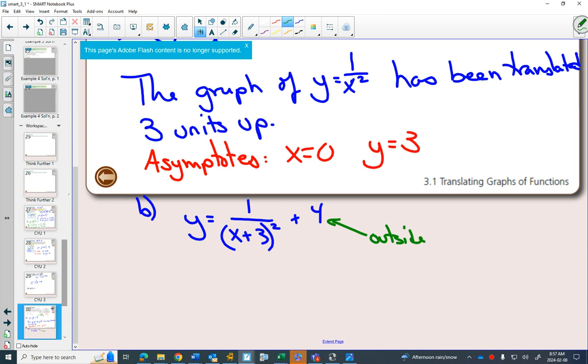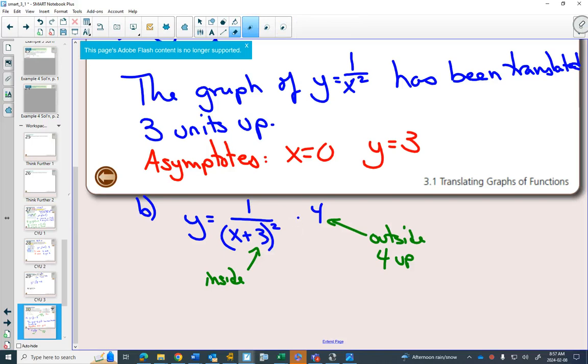That 4 is outside. That's going to move it 4 up. This 3 is inside. Because I think, where was the x? The x was on the bottom getting squared. That 3 is on the bottom and getting squared. Did I write it down wrong? Should it be -4 instead of +4? Yes, it should be. Thank you.